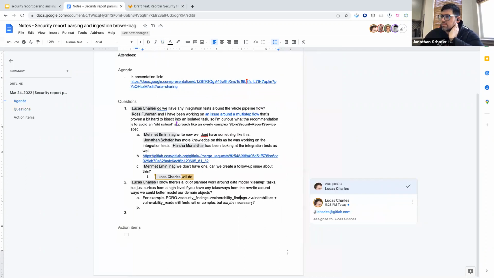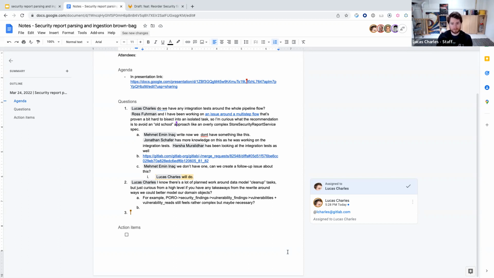Cool. Thanks. The second question is also from Lucas. Lucas, would you like to verbalize? Yeah, sure. I'm curious if, in doing this rewrite, I know that there's a bunch of planned work around data model cleanups, things like using the vulnerability reads table more and removing unused columns. But I'm curious about your take on high level takeaways on how we can better model our domain objects here.